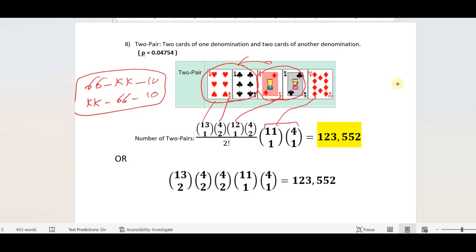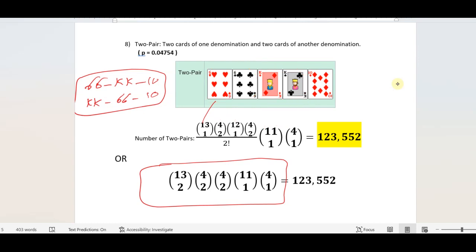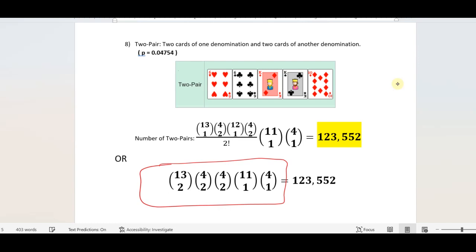Once I have that, the total comes out to be 123,552. Or, I could have done it this way, which is probably a more common way of doing it, but this is combinatorics, so you can do it any way that you like, as long as you can back up your methodology, or your reasoning, I should say. With this selection, again, I have 13 choose 2. That's how many ways you can select the pairs, right?